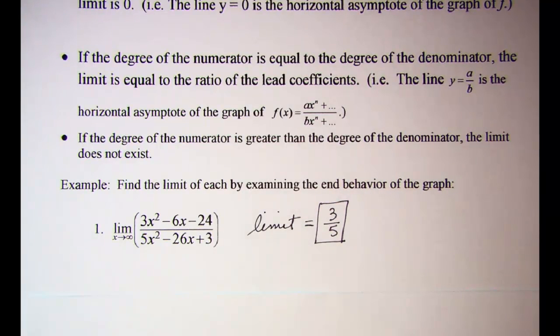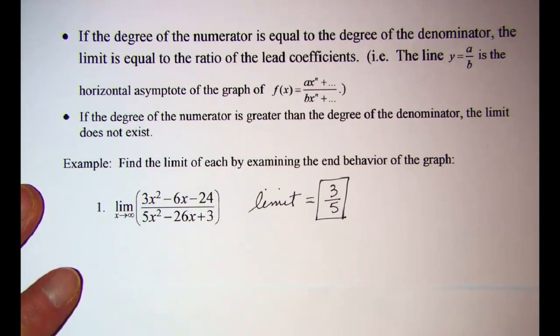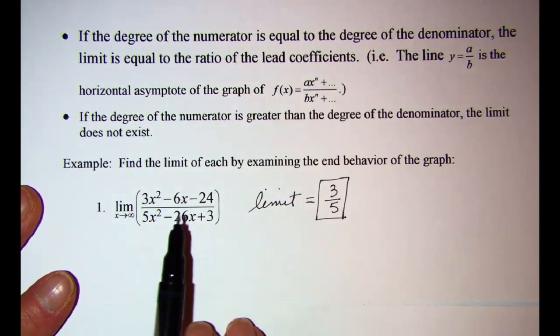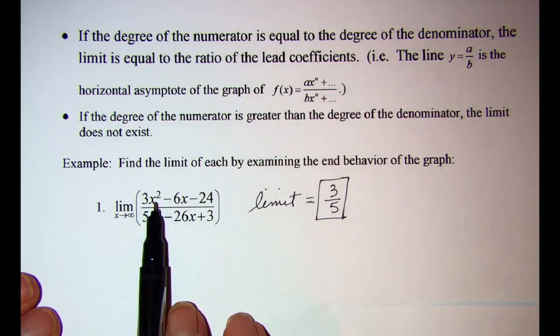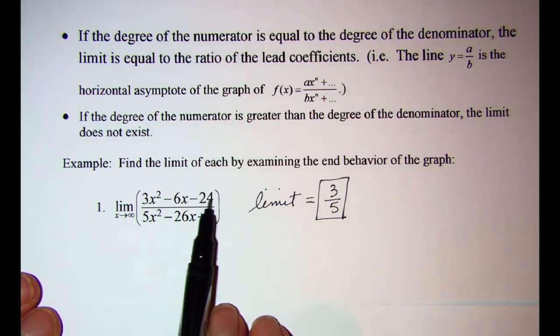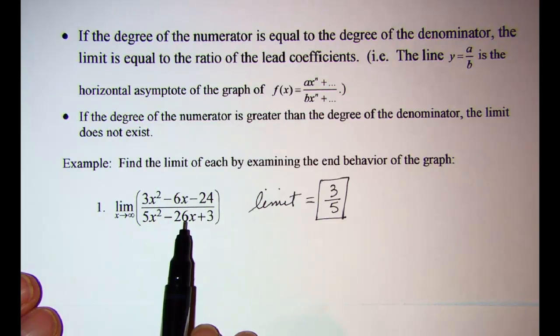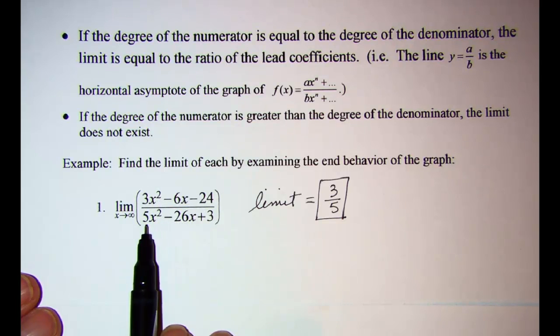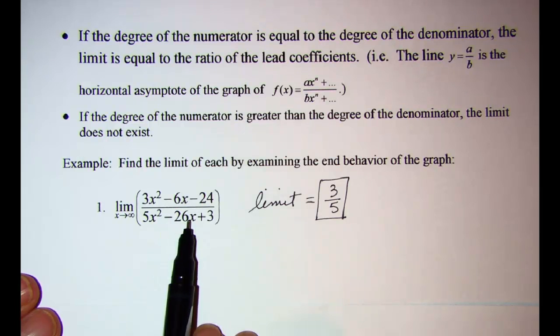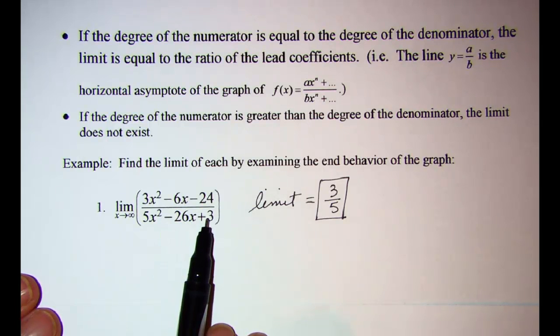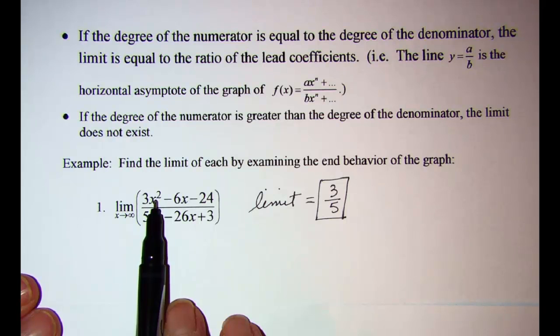Now let's look at this from a graphical point of view. If you're talking about infinity, these terms to the back of the 3x squared and to the back of 5x squared are really not going to make a difference on the behavior of the graph.